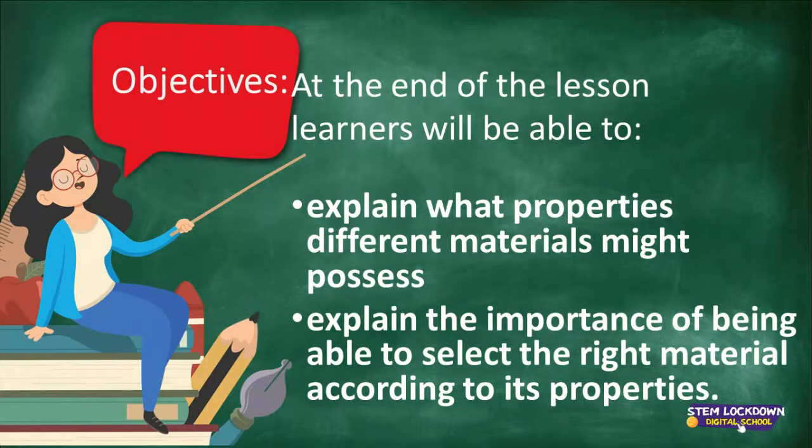If you want to choose the right material, then you have to look at its properties to see if it is right for what you want to use it for. That is why I say it is a very, very important part of science investigation. Now, to start with, number one, different materials have different properties.